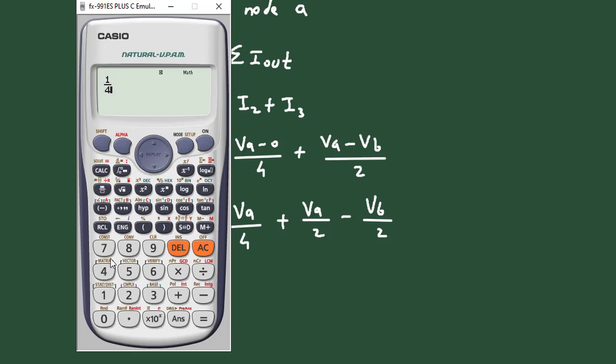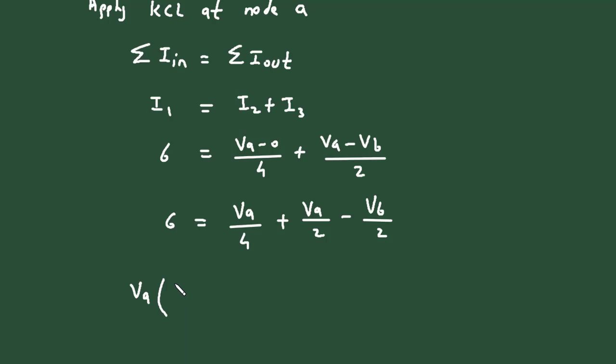So it is 0.75. Then we take VB common and this will be minus 0.5, is equal to 6. Let's say this is equation number 1.